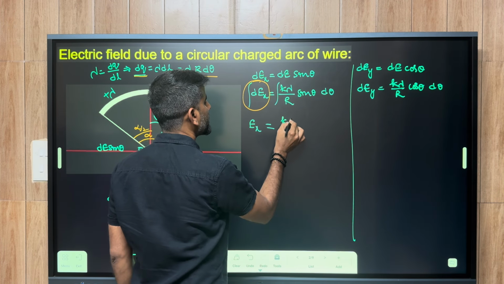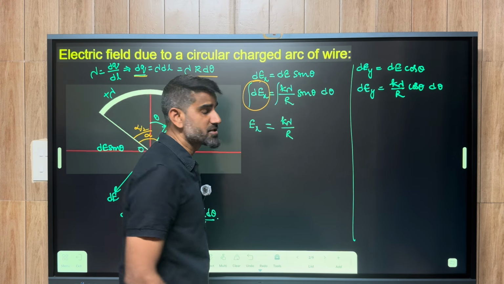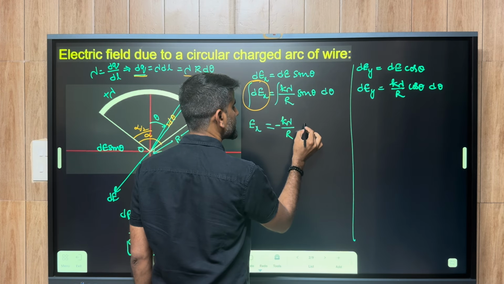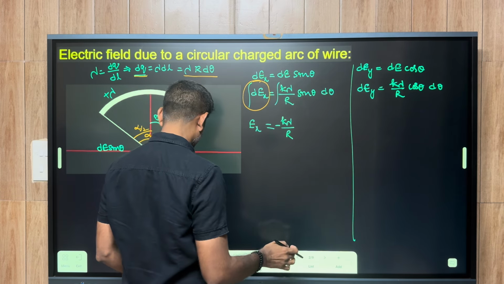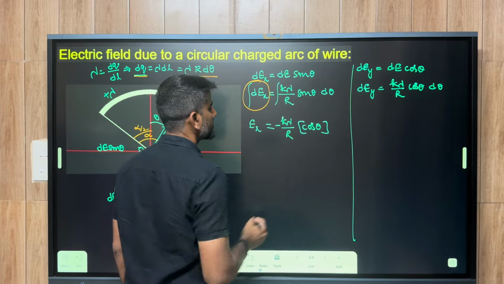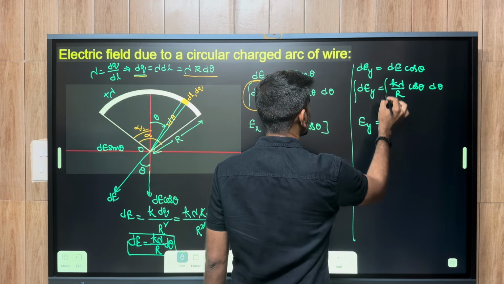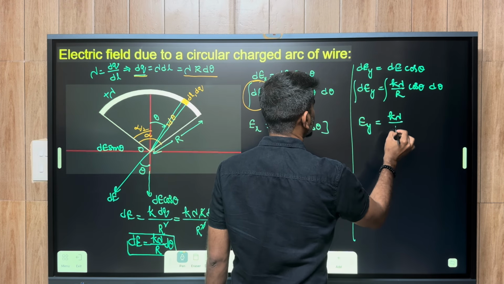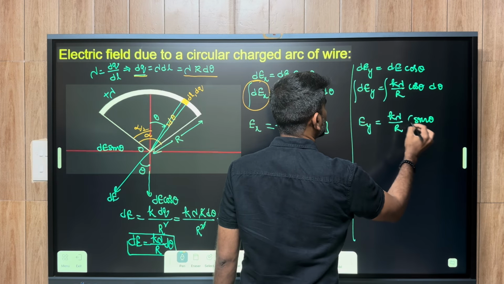Now k is constant, lambda is constant, r is also constant. Integral of sin theta is minus cos theta, so I'm taking the minus sign here. Similarly, Ey is equal to the integration with k, lambda, r constant, and the integral of cos theta is sin theta.